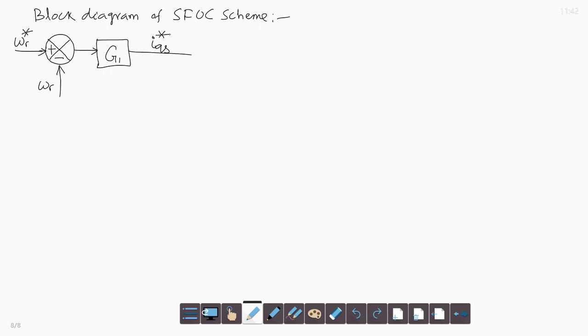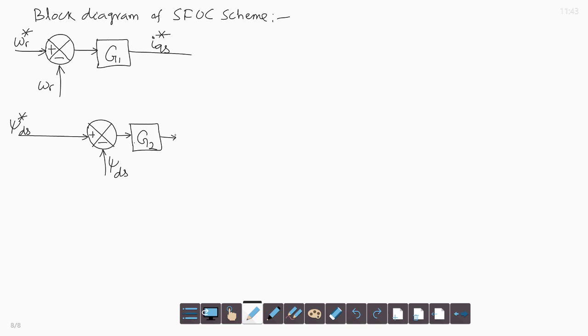Then we have another controller which takes the reference flux psi ds star and subtracts the actual flux psi ds from it, and the result is passed through a flux controller G2, which was G in the previous compensating network.